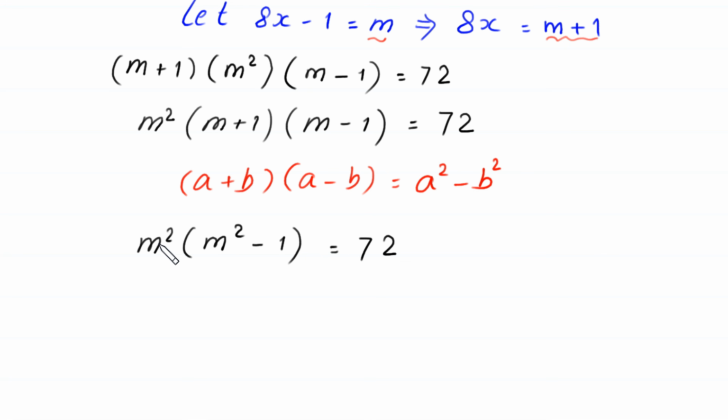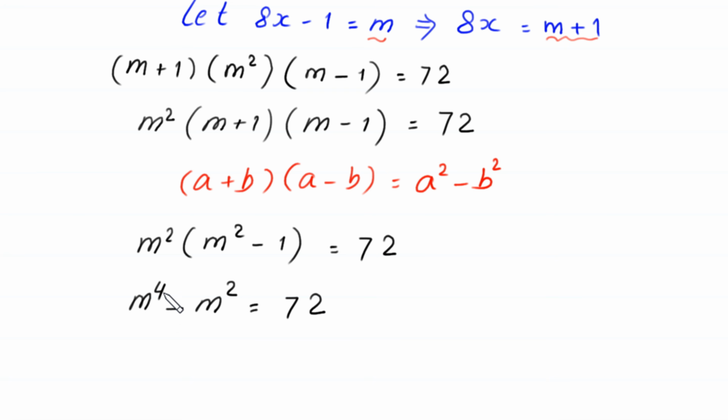Now we distribute this m squared, so m squared times m squared will become m to the power 4, and m squared times negative 1 is negative m squared, is equal to 72.